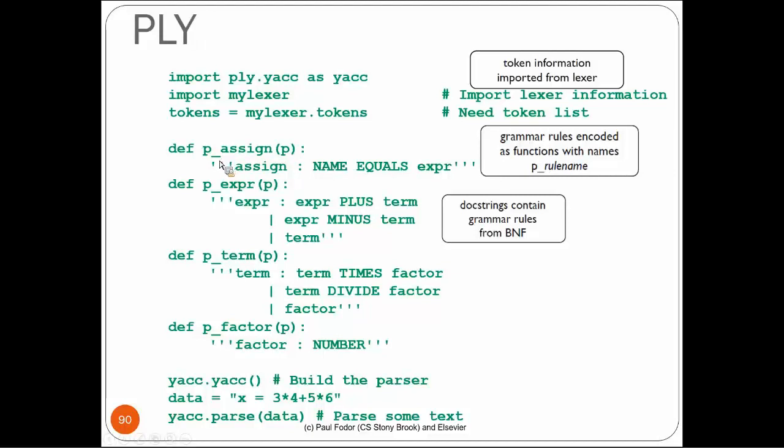The docstring for that function is the production rule, and then we can have actions that happen. For instance, p[0], which stands for the output non-terminal, is assigned from p[1], p[2], and p[3].